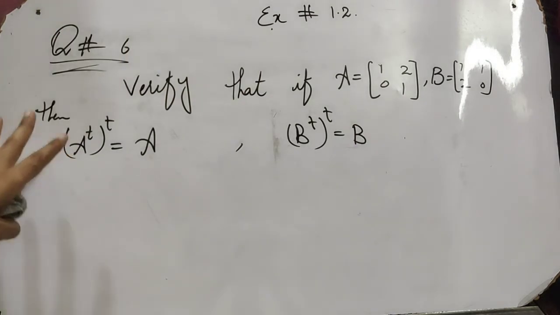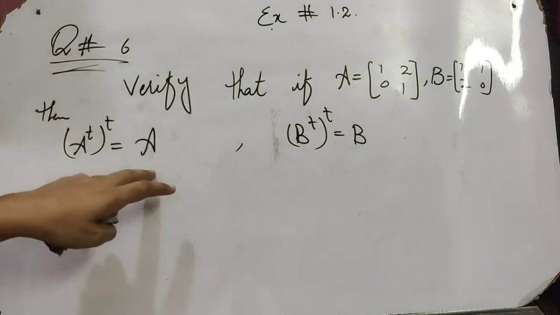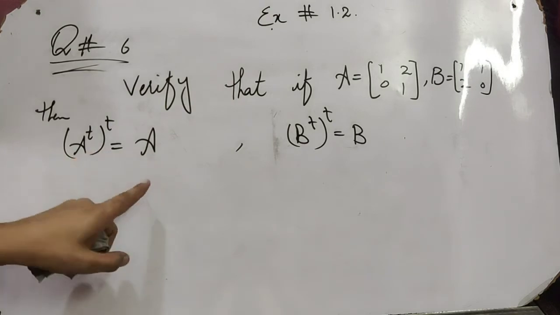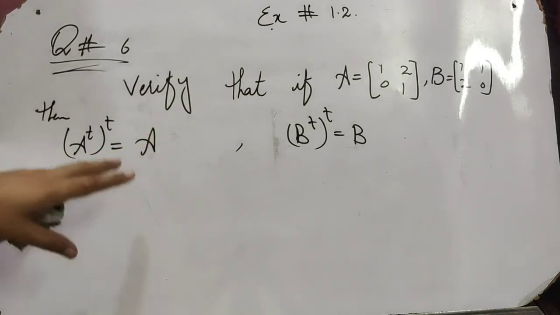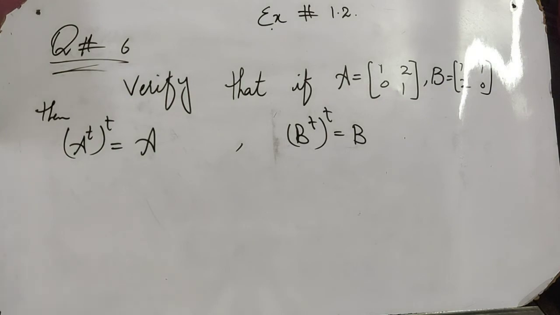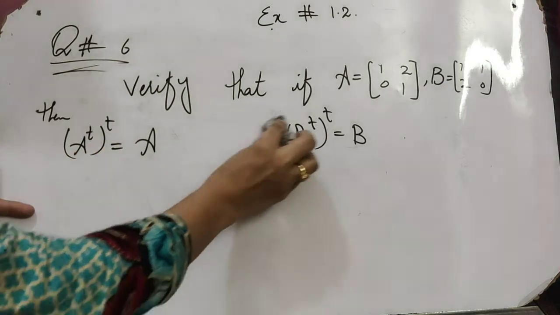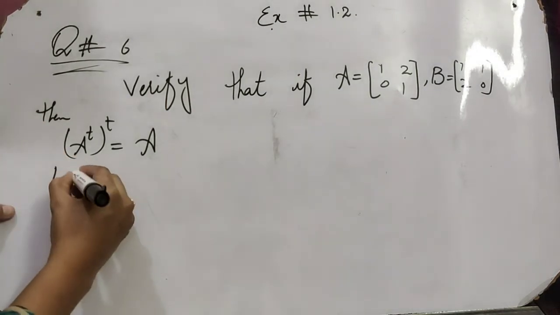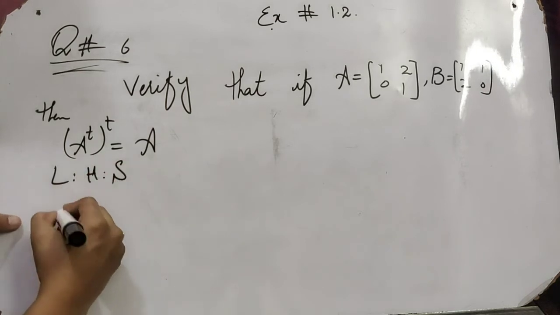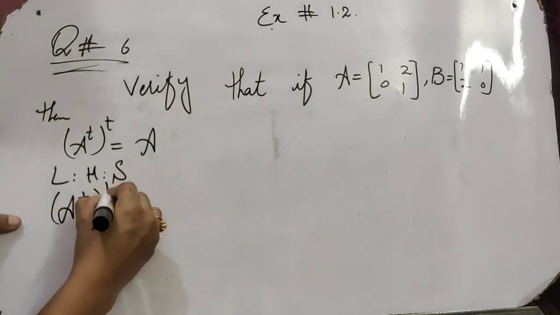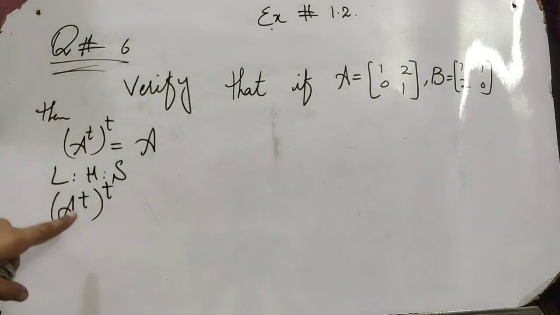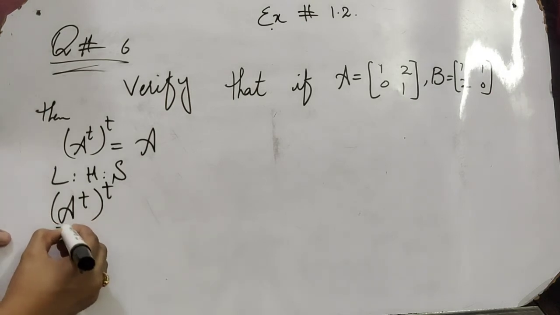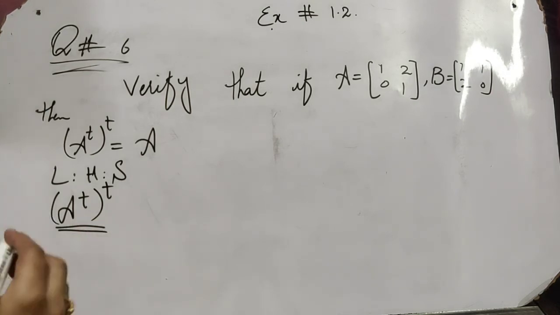So we first solve that the transpose of A transpose is equal to A. It is obvious, but we should solve it for the verification. We take the left hand side, the transpose of A transpose, which will be equal to A. For this purpose we should first solve the bracket.